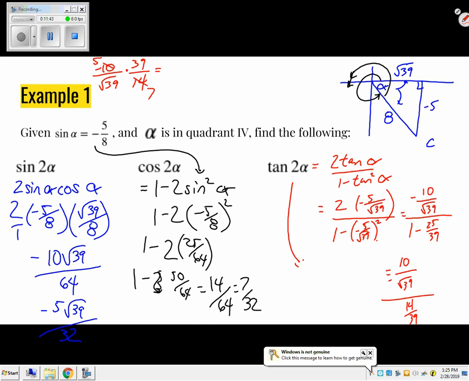Yeah, 39 divided by square root of 39 is square root of 39, because square root of 39 times square root of 39 is 39. Don't worry about that. We'll get there.